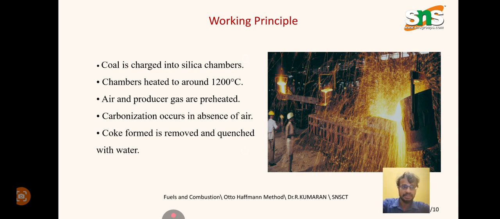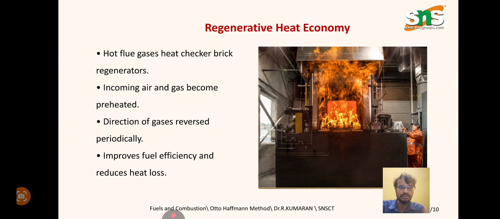Air and produced gas are preheated, and here carbonization occurs in the absence of air. In the absence of air, high temperature conversion of material to carbon is called the carbonization reaction, which is happening here. Finally, the coke formed is removed and quenched with water.